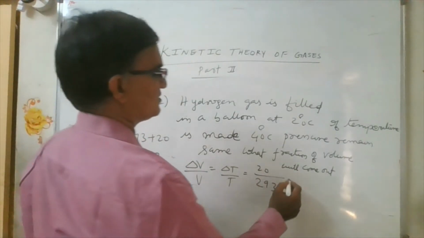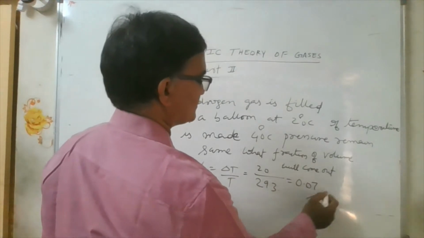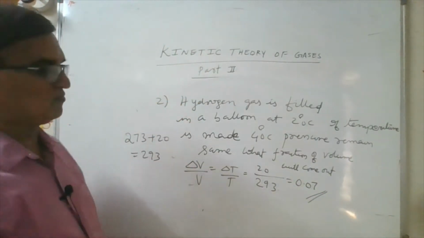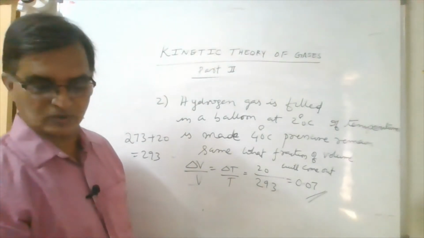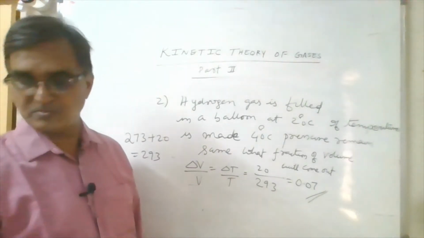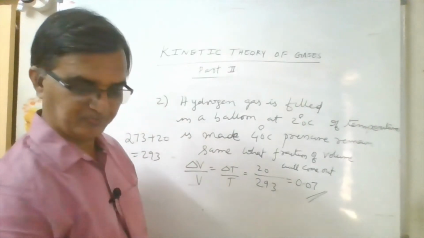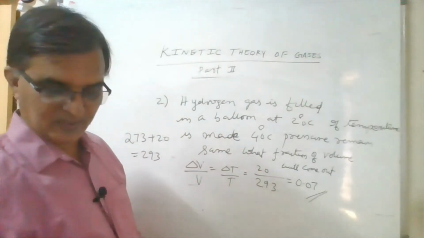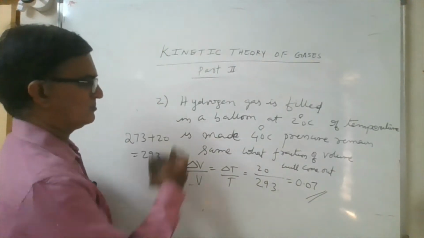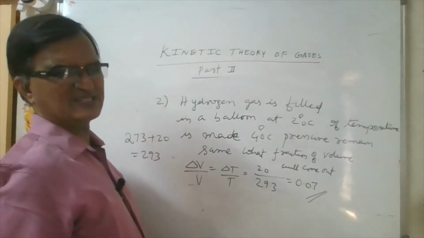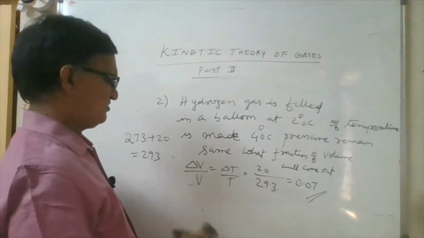So if you simplify, it is 0.07. 0.07 of the volume will come out. This is a direct problem. Just use gas laws: P1 by T1 is equal to V1 by T1 is equal to V2 by T2.